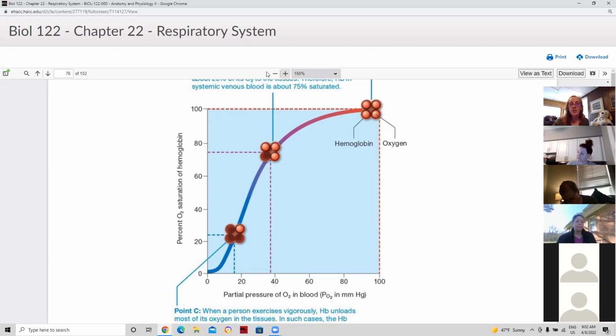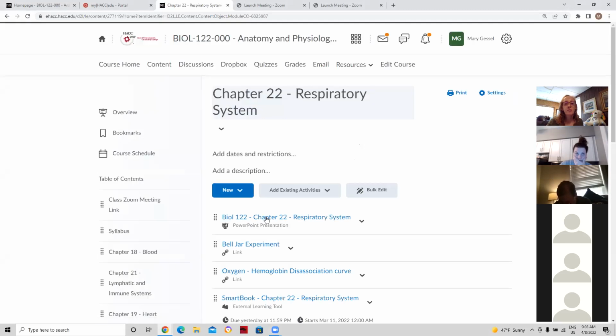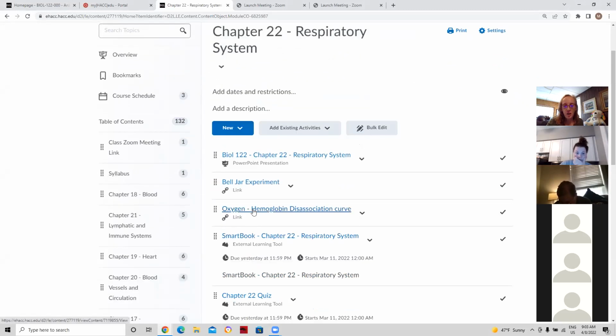And we're going to watch a video here explaining this a little differently. So, the oxygen hemoglobin dissociation curve.